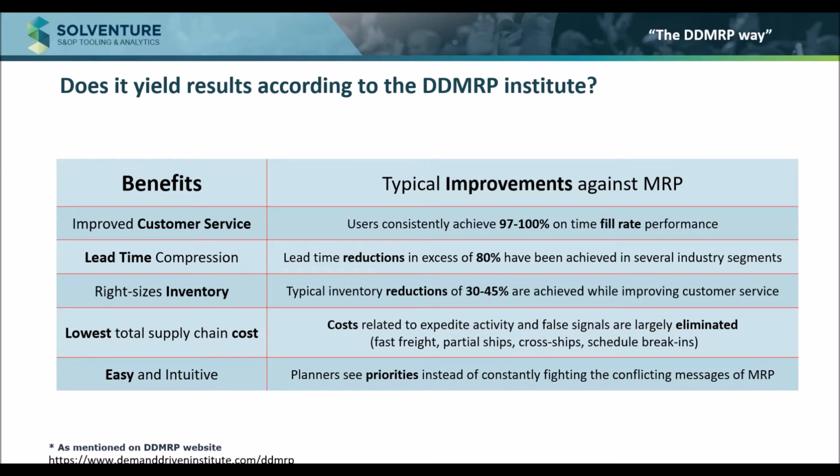And the last point, it is easy and intuitive, and I think that was also a general comment that came out of my research, that the planners and the managers who use DDMRP are amazed by how easy it is to use. At the same time, obviously, it requires a bit of a mindset change, because this flow-based principle is quite significantly different from the traditional MRP thinking.